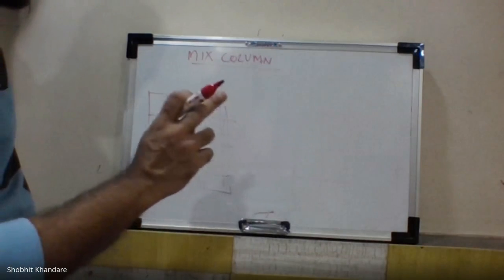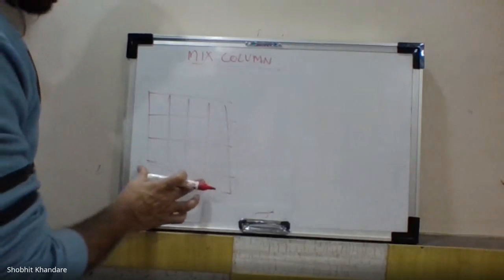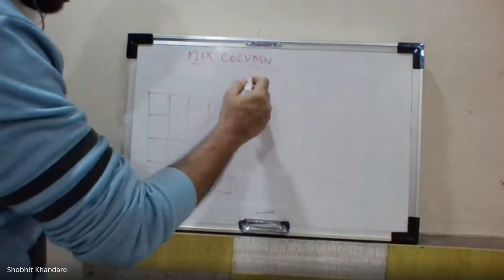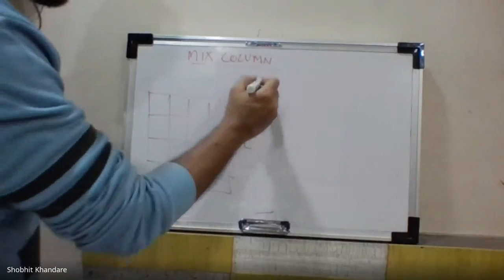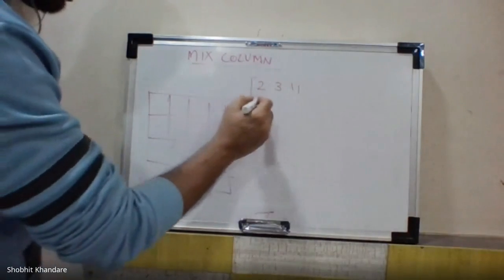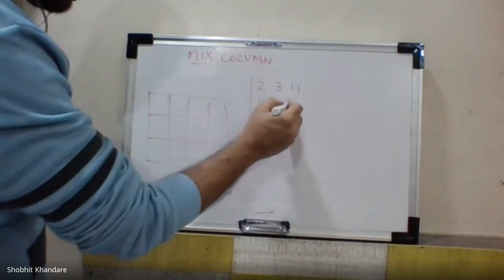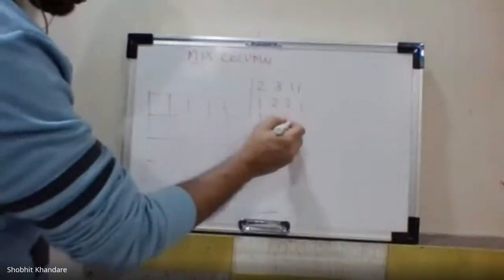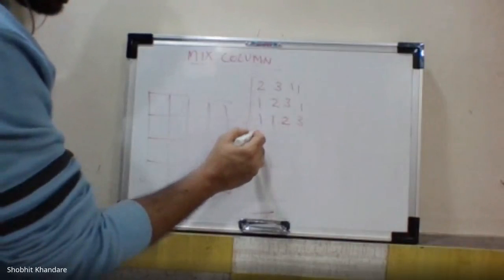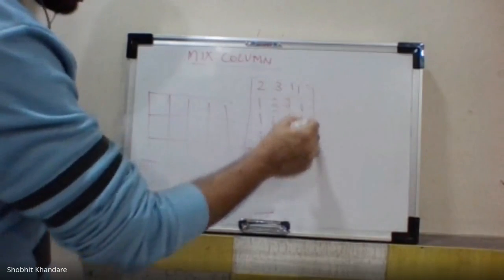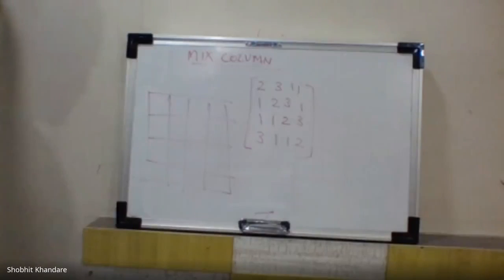And the predefined matrix, draw this on the left side. After that write down the predefined matrix: 2 3 1 1, 1 2 3 1, 1 1 2 3, and 3 1 1 2.